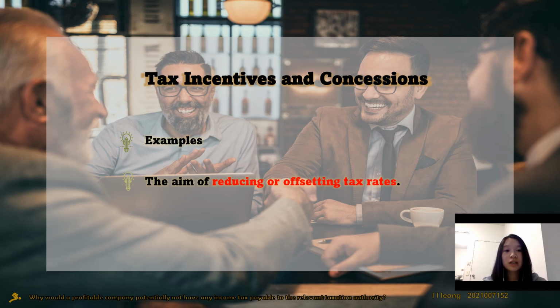The Australian government offers a number of concessions, including those for small businesses and tax incentives for early-stage investors, aimed at reducing or offsetting tax rates. So these reasons explain how a company can be exempt from taxation, even when being profitable.